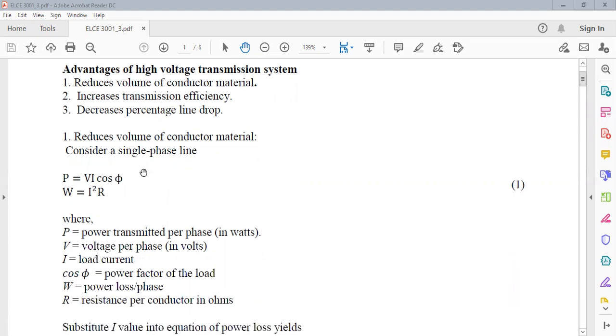Since we have a single phase, we will have one W. P is the power transmitted per phase, V is the transmitted voltage, I is the load current.